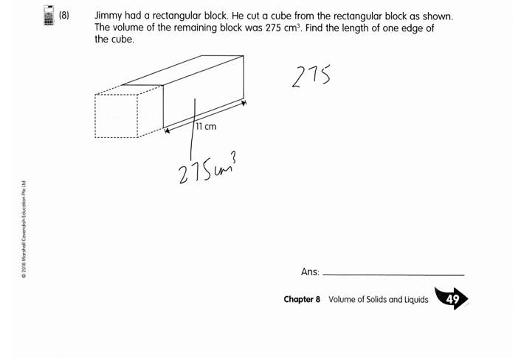How can you cube root 275 when that part is not even a cube? 275 divided by 11. Jing Kai, why do you think he used 275 divided by 11? To find what?